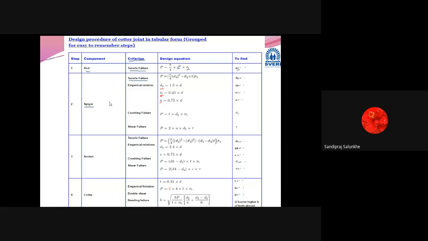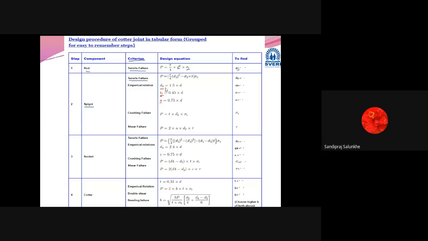If possible, I will provide this total PPT to you, with the actual picture of that part in this section, in this column.